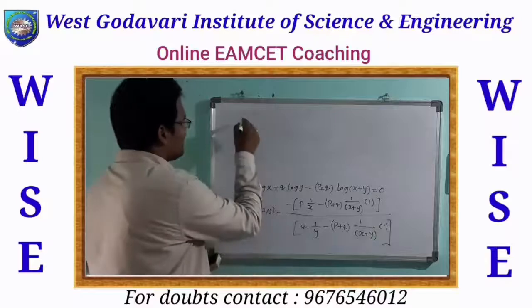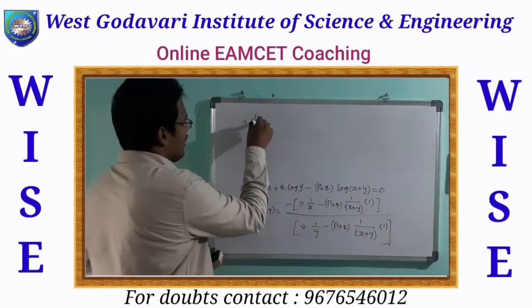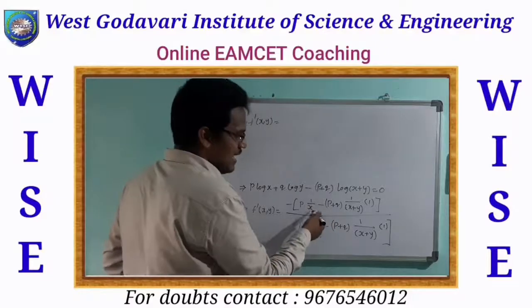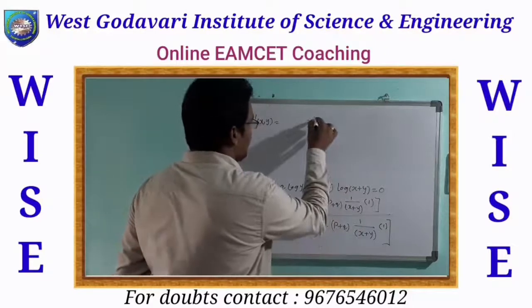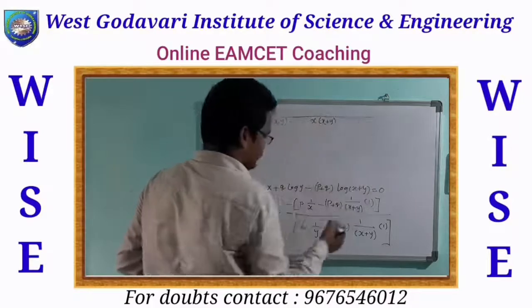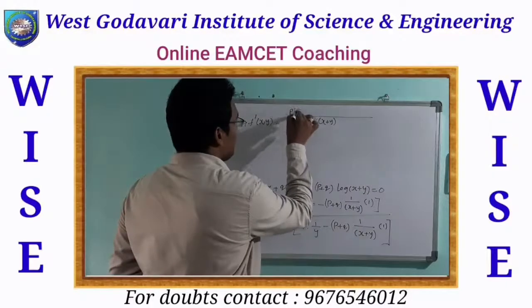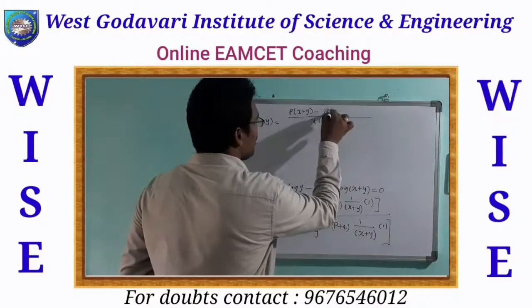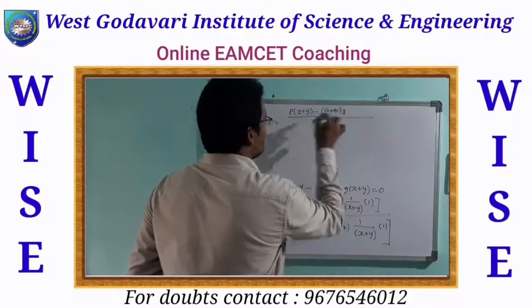So by taking the LCM, f dash of x comma y is equal to, in the numerator, the LCM is x into (x plus y): p into (x plus y) minus (p plus q) into x. This is the numerator term.